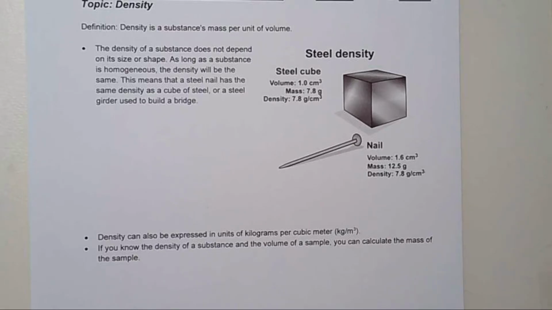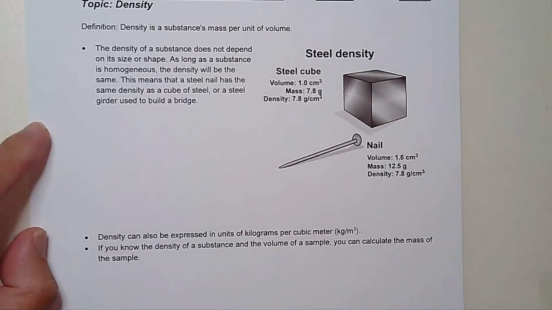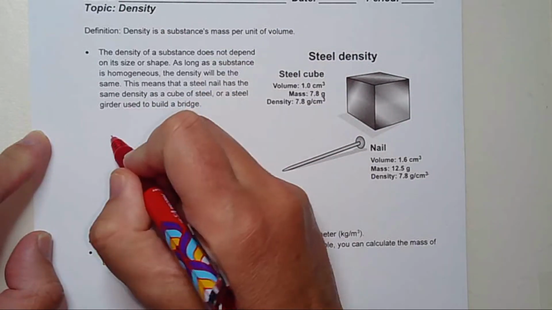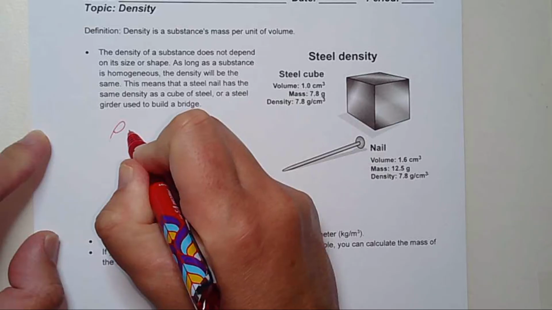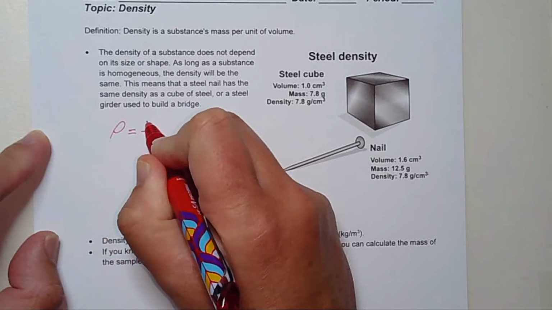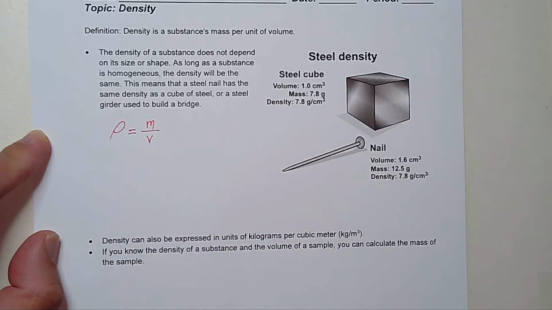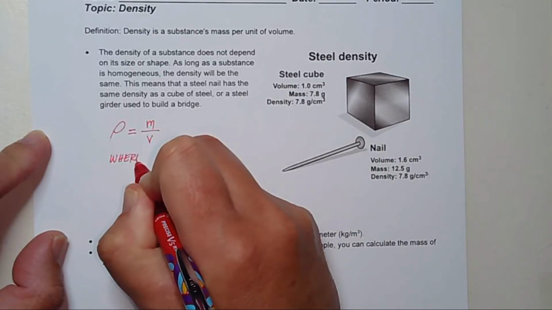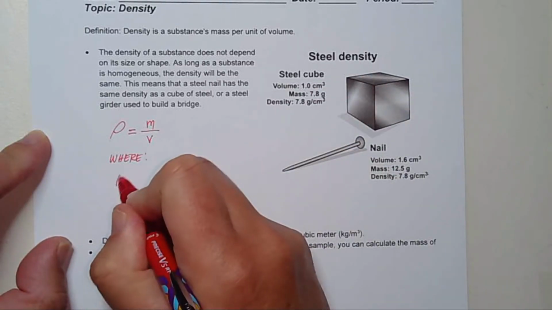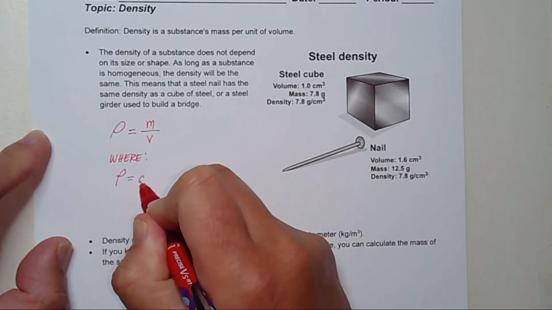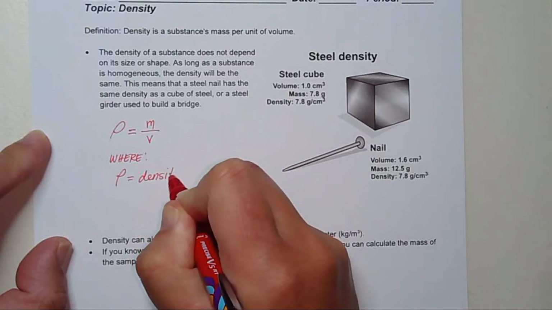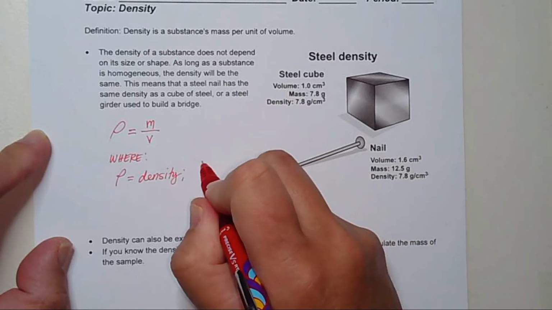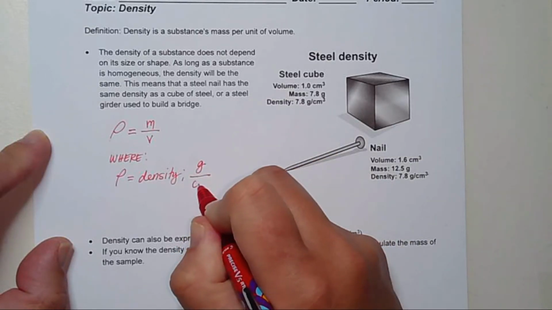The equation for density is as follows. I'm going to write down on the paper: rho, which is equivalent to mass over volume, M over V, where rho is the symbol for density, and the usual unit of density is grams, which is mass, over cubic centimeter.